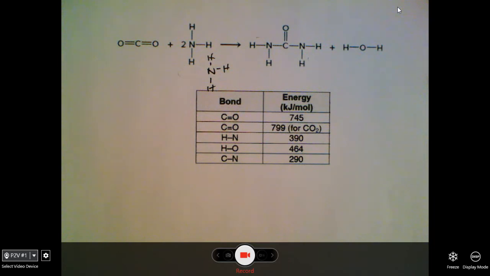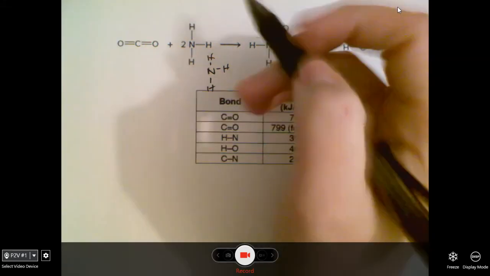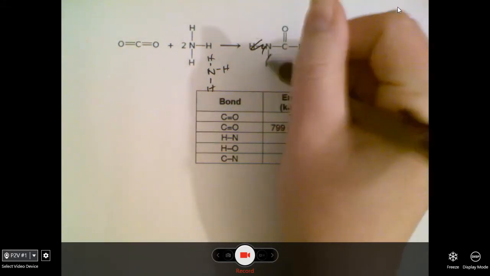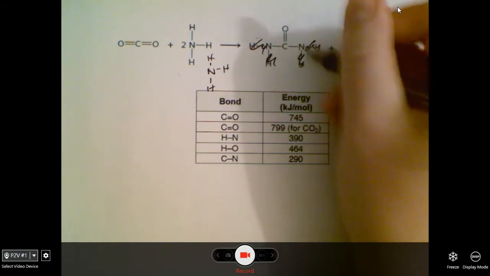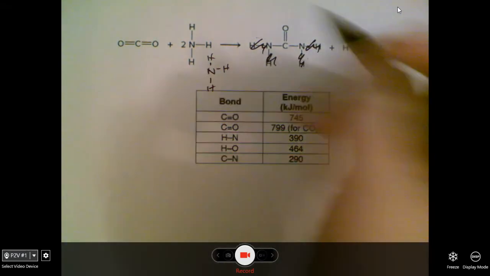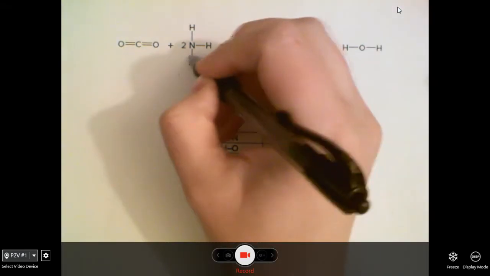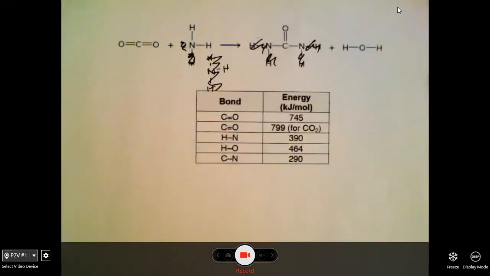So when I do my math and I pay attention to those values, I can almost treat this like a Hess's law problem, where these guys on my product side here are gone and cancel out with 4 of the NH bonds on the opposite side.